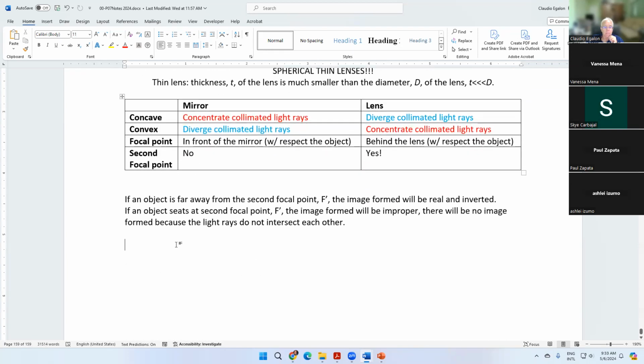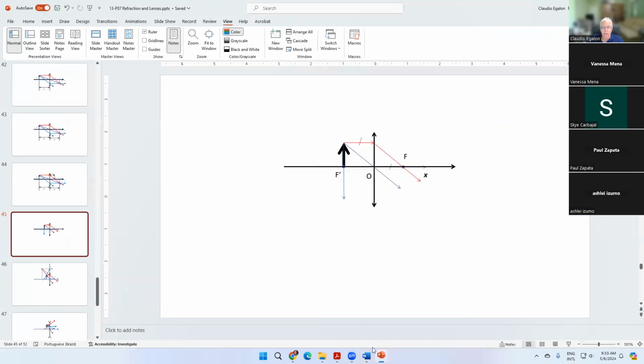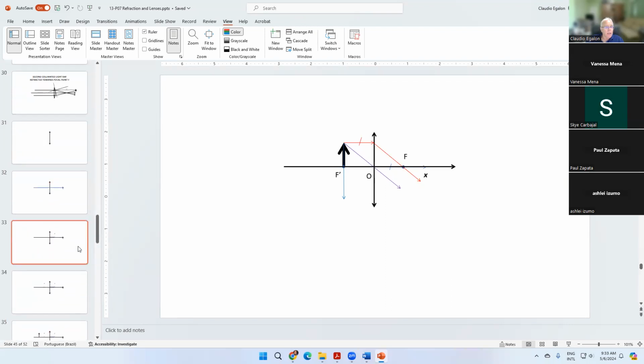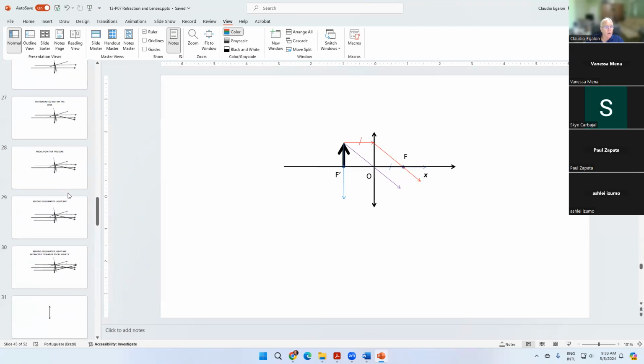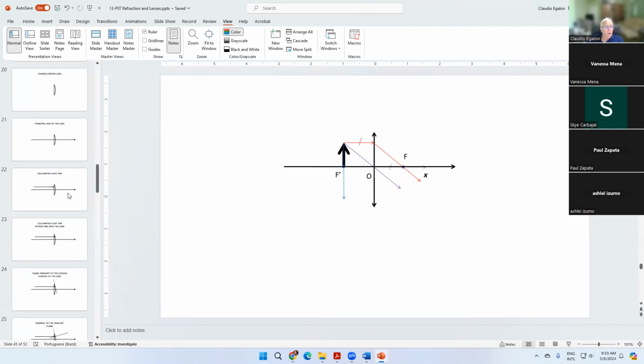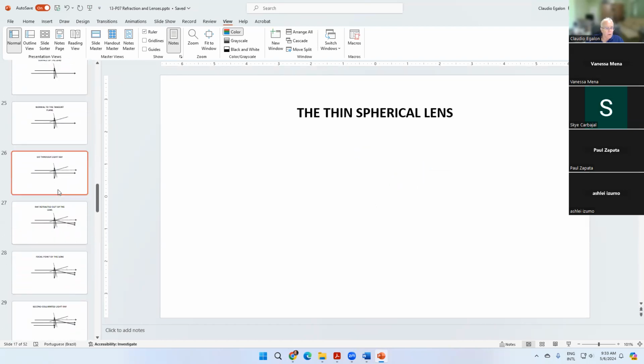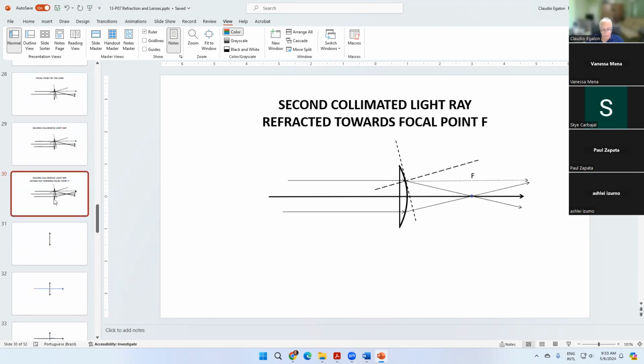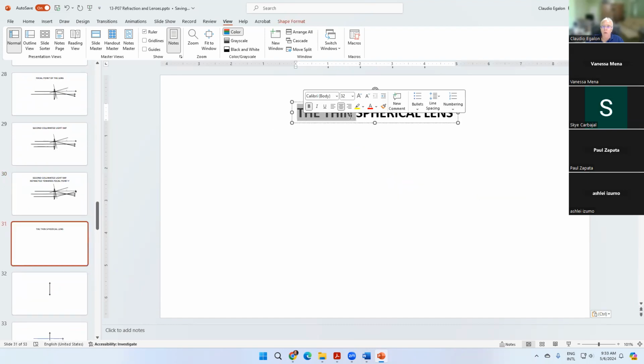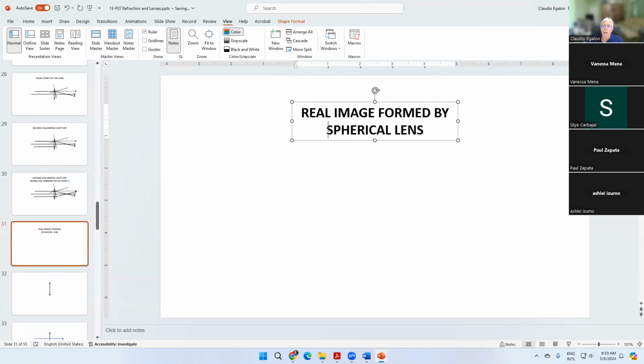Okay. Let me elaborate a little bit more here. Real image formed by a spherical lens.